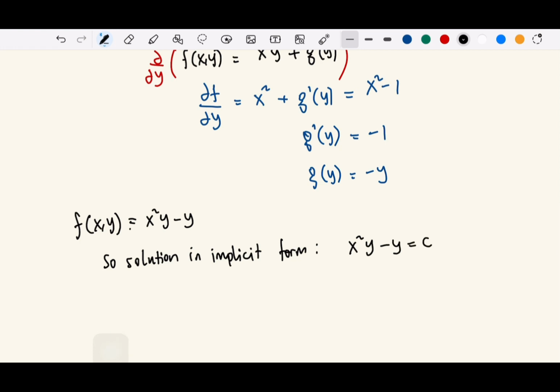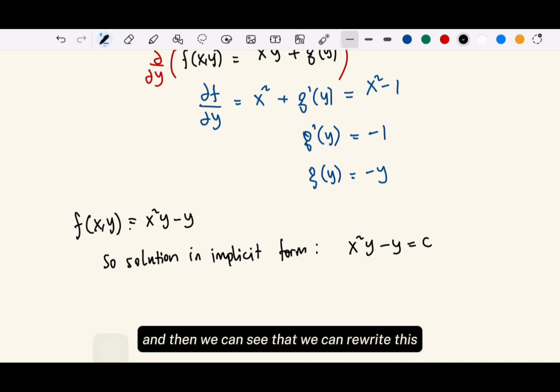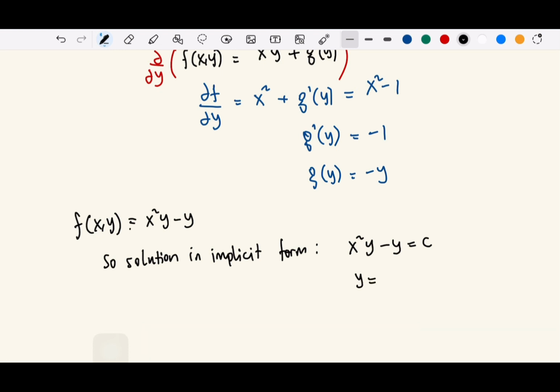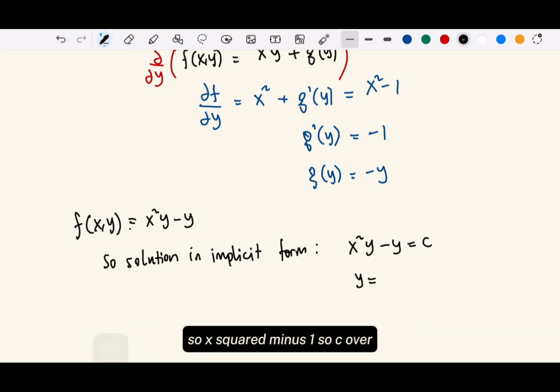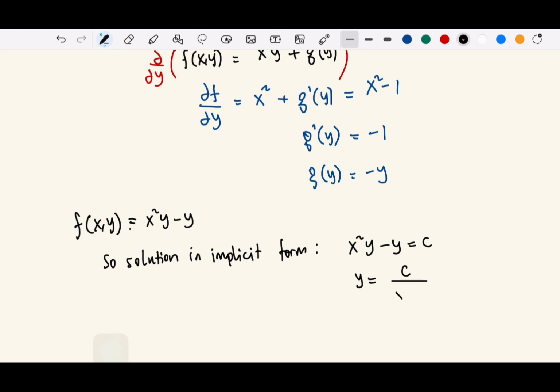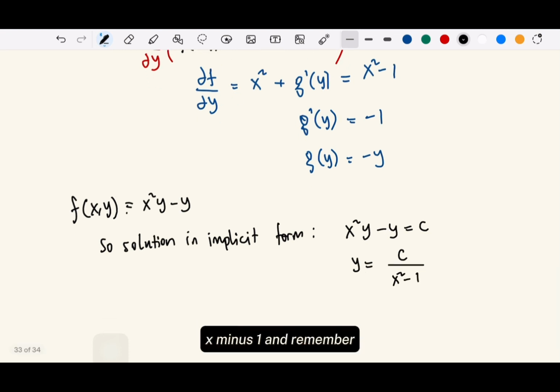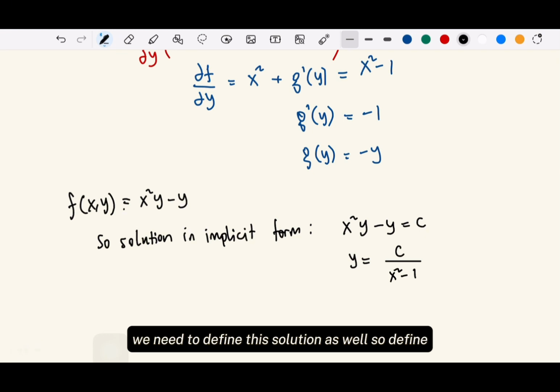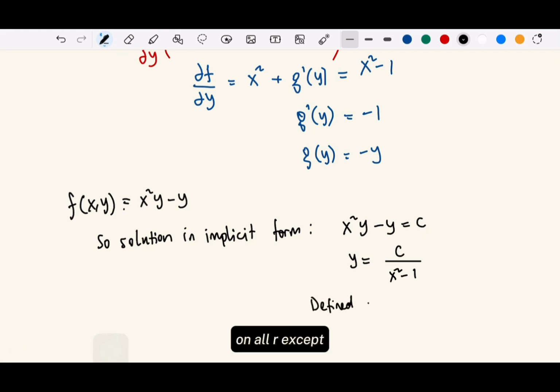Okay. And then we can see that we can rewrite this: y times x squared minus 1, so y is c over x squared minus 1. And remember, we need to define the solution as well. So defined on all R except 1 and -1.